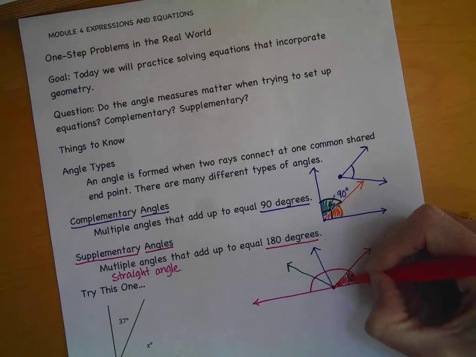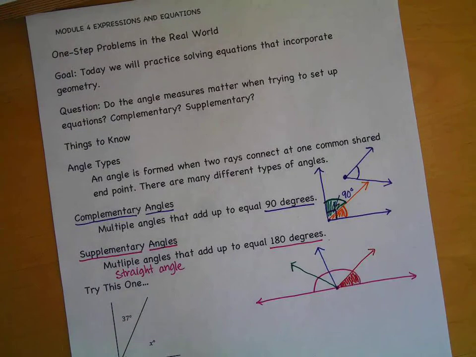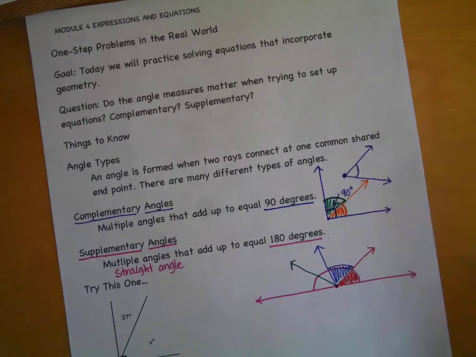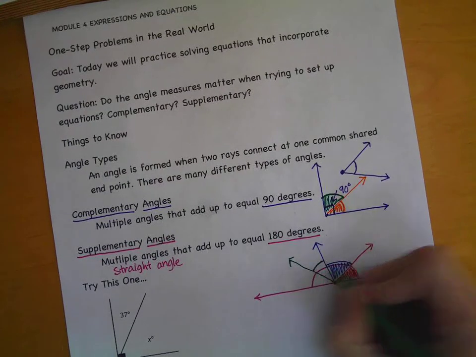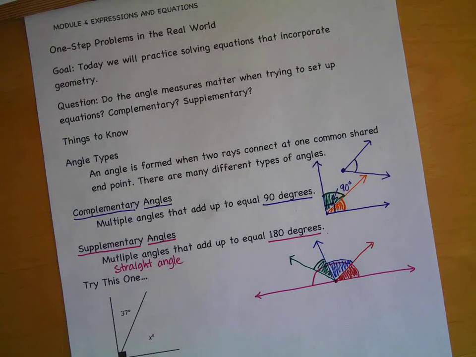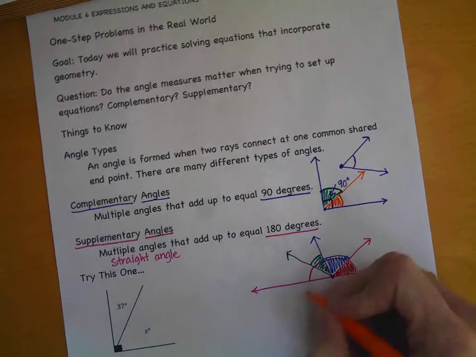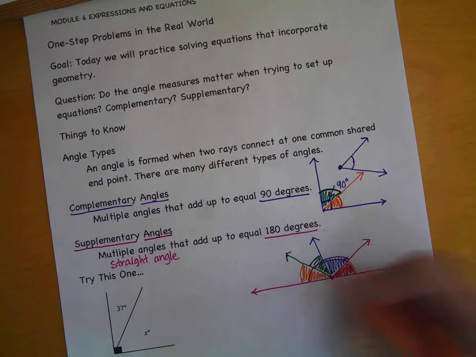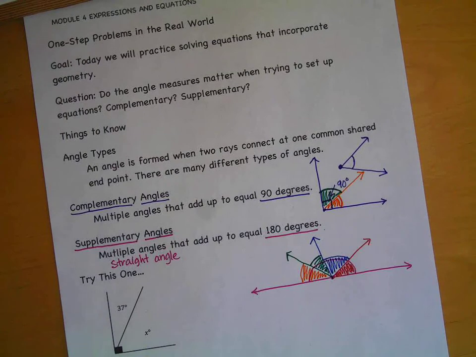This is the red angle right here, right? Then from here to here is the blue angle. I hope you can see that okay. And then from here to here is the green angle, right? And then lastly, from here to here is the orange angle.